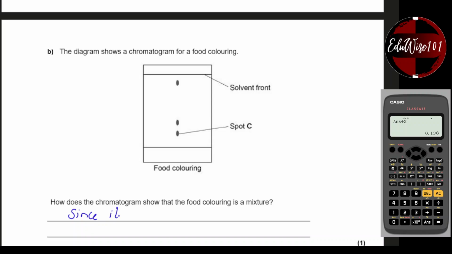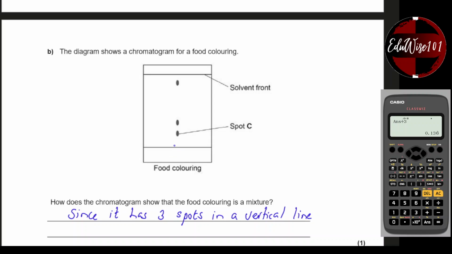Since it has 3 spots in a vertical line.